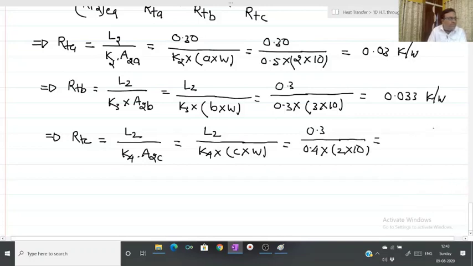So it can be given as 0.038 Kelvin per watt. This way I can calculate RTC.